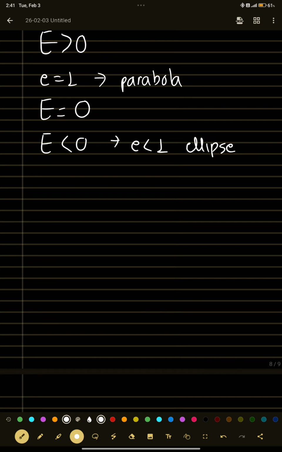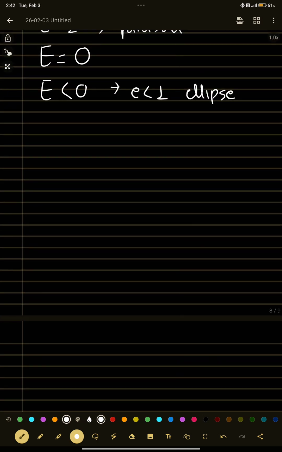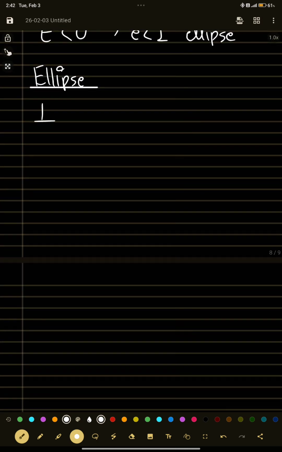Now let us, for an ellipse, so if you write 1 by r c plus gr square upon l square. What is this r in terms of the properties of the ellipse?